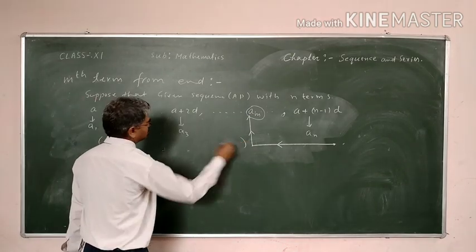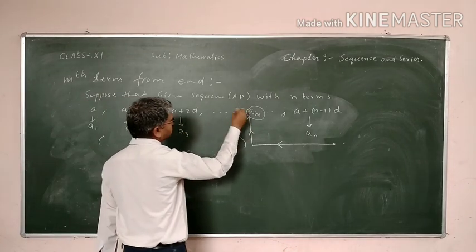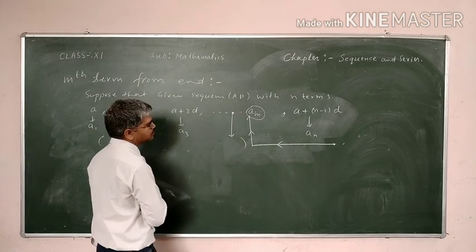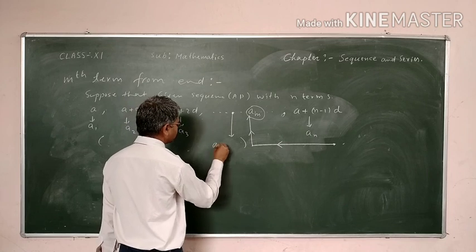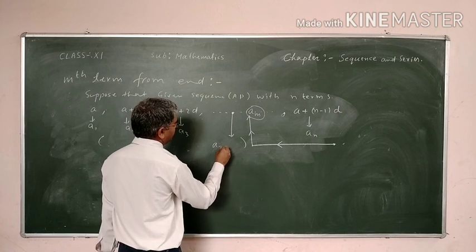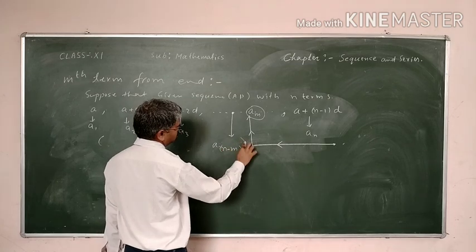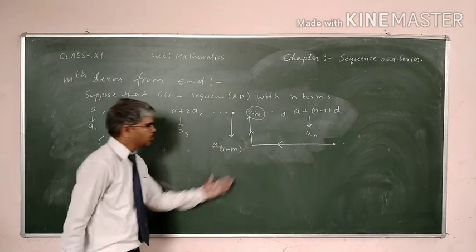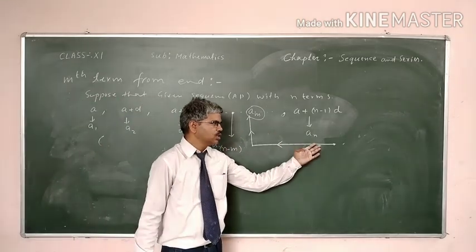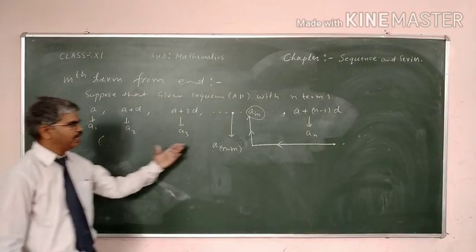In this portion, this term is called An minus m. Total terms are n. If we leave m terms, how many terms are left in the series? An minus m.